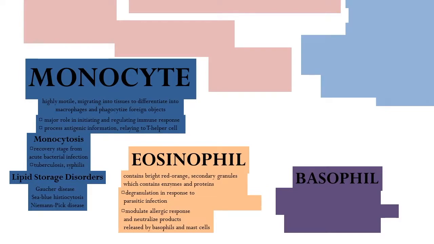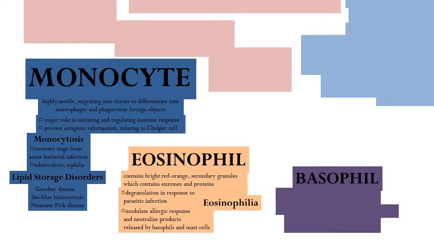Also, eosinophils modulate the allergic response and neutralize the products released by basophils and mast cells. Eosinophilia reflects the functions of the eosinophil to respond to parasitic infections and an increase in basophils and mast cells.